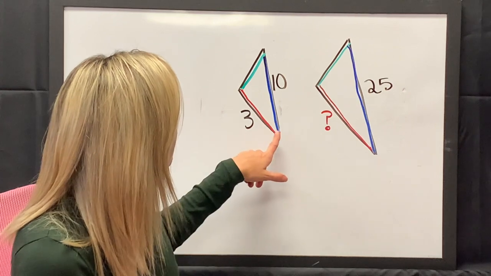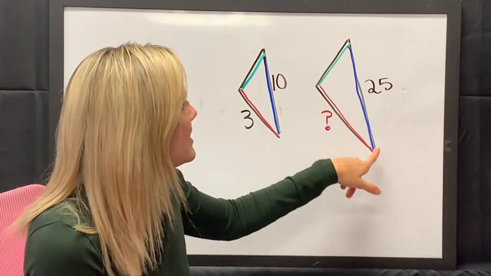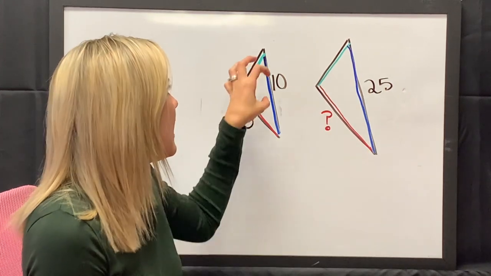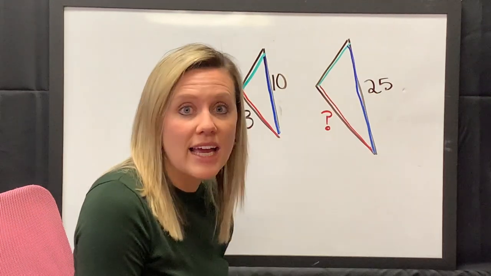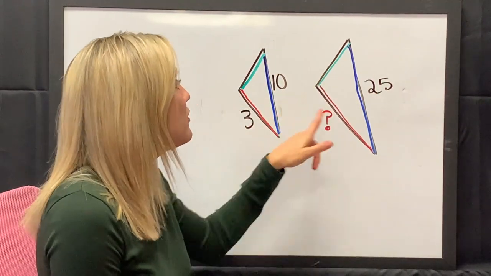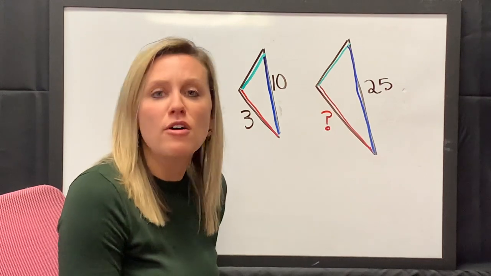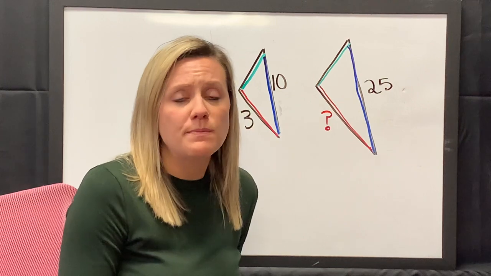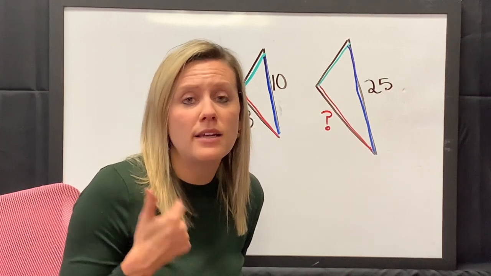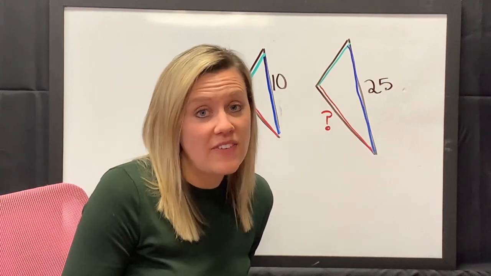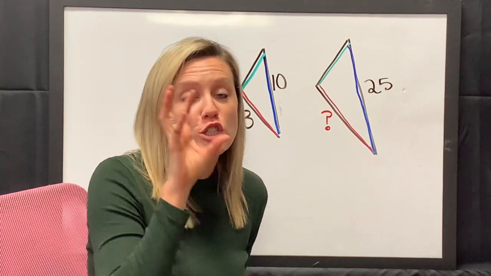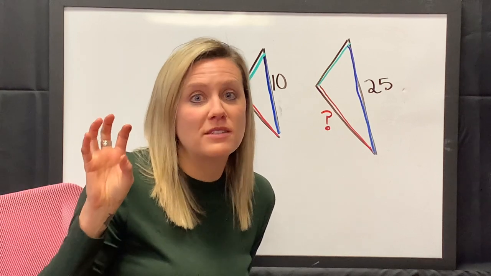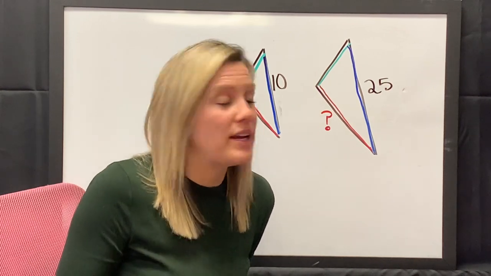So I'm going to compare this corresponding side length to this corresponding side length, and I want you to think, what would the scale factor be to get from 10 to 25? What do you multiply 10 by to get to 25? 1 times 10 is 10, 2 times 10 is 20, 1/2 of 10 is 5, so 2.5 groups of 10 would give us 25.